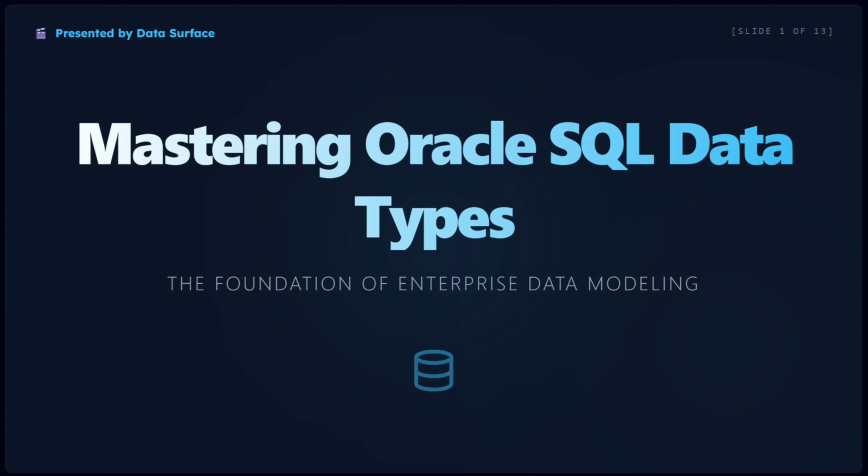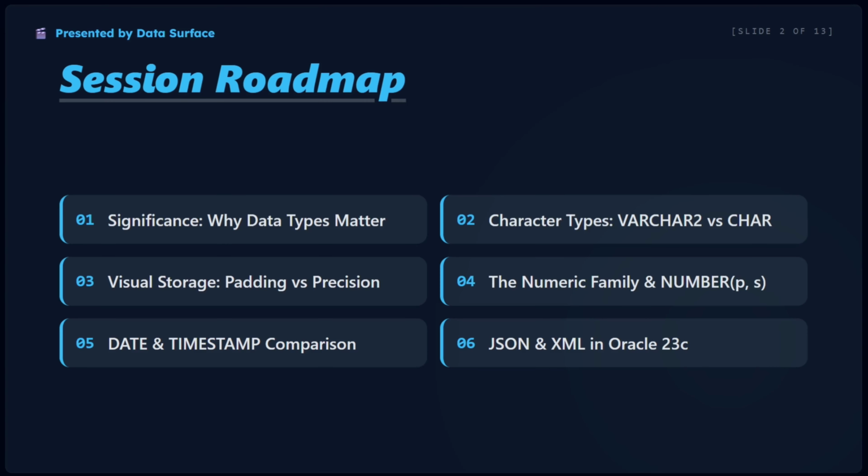Let's see today's agenda. We will quickly go over why data types matter in Oracle. Then we'll look at common character data types like VARCHAR2 and CHAR, followed by the simple visual idea of padding versus precision. After that, we'll touch on numeric data types and how numbers are stored, and we'll also compare date and timestamp to understand how Oracle handles date and time.